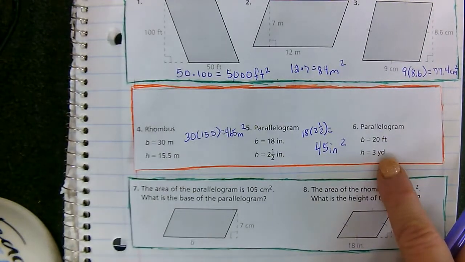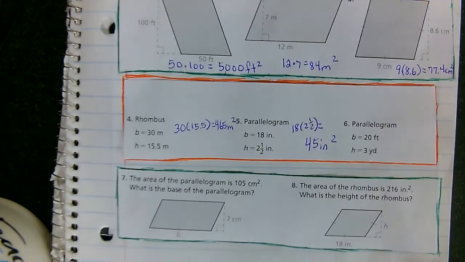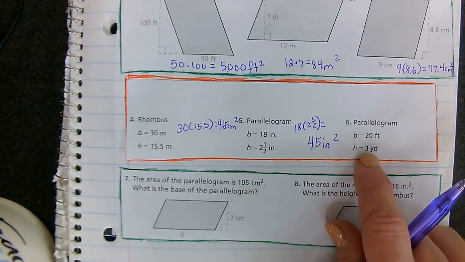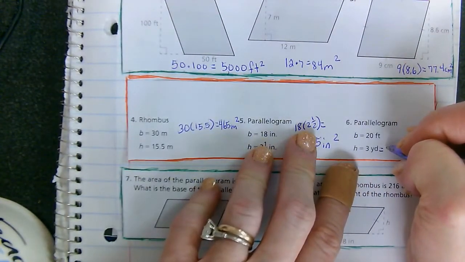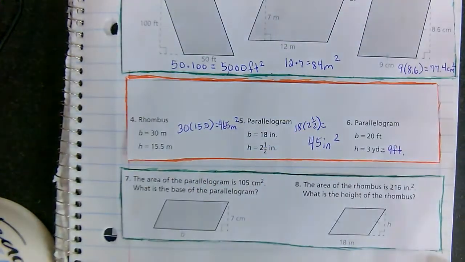Now look, this is going to trick you. One's in yards and one is in feet. So let's convert one, alright? On this one, there are 3 feet in every yard, so this is the same as 3 times 3, which is 9 feet. Now we can find the answer here.